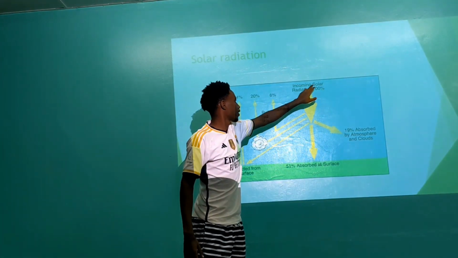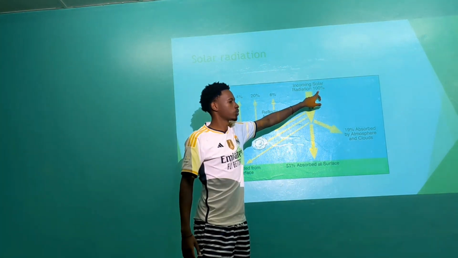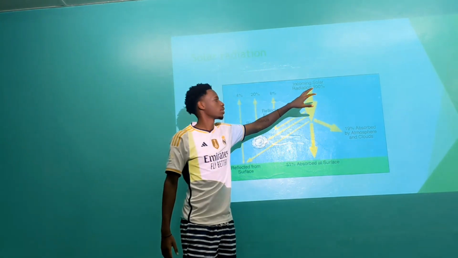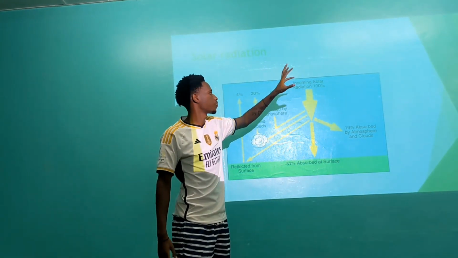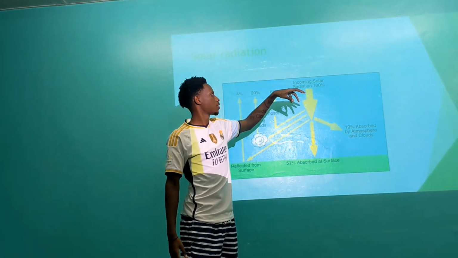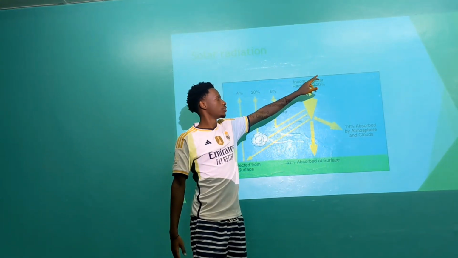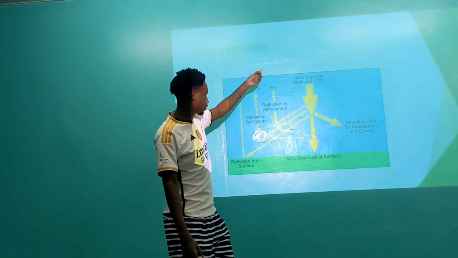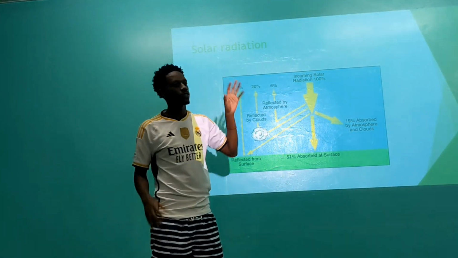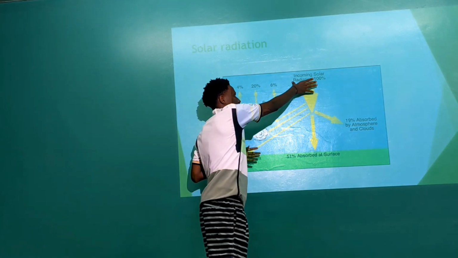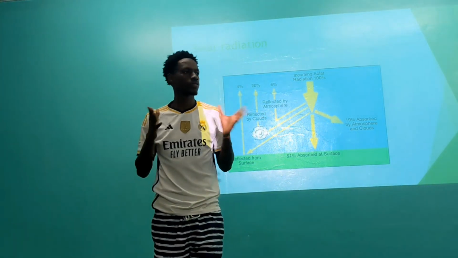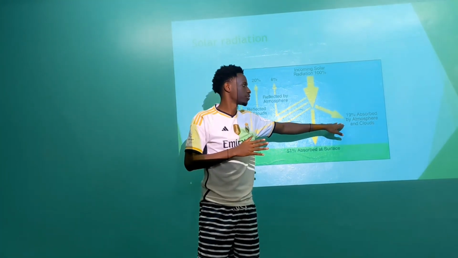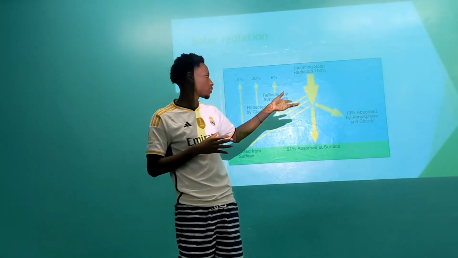The reason why the incoming solar radiation on Earth is 100% is because this solar radiation is coming from the sun, and the sun is the main source of energy on Earth, and that energy includes solar radiation. 90% of it is absorbed by atmospheric clouds.